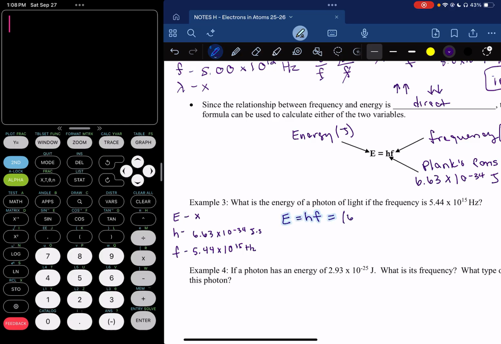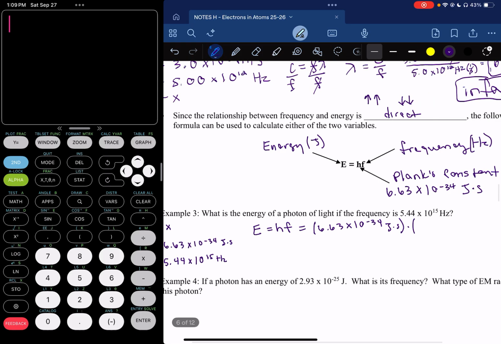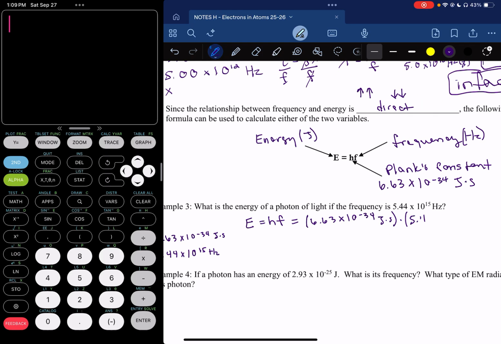I'm simply multiplying 6.63 times 10 to the negative 34 joule seconds times 5.44 times 10 to the 15 hertz. But remember that hertz is like 1 over a second. If that's the case, then these seconds are going to cancel out when we do this calculation, and we're going to be left with the joules that we need.